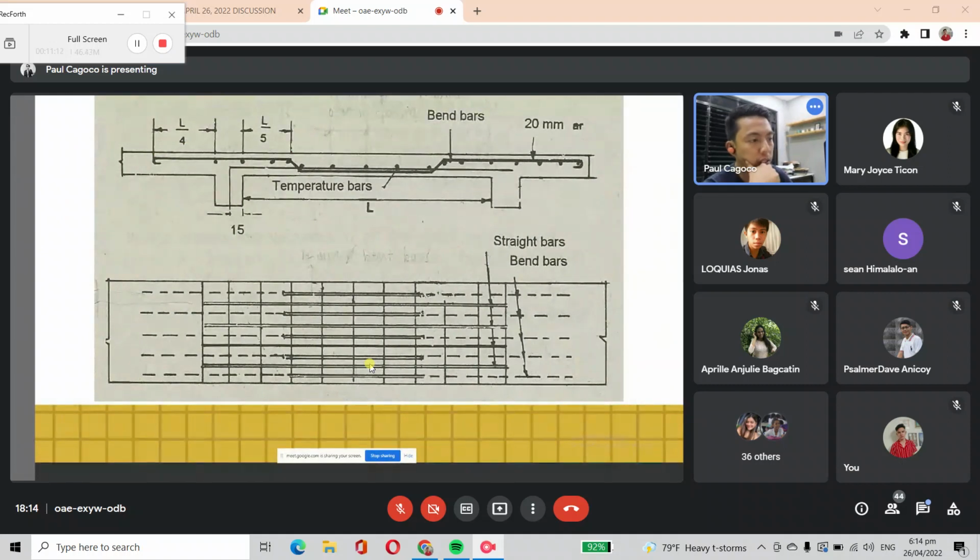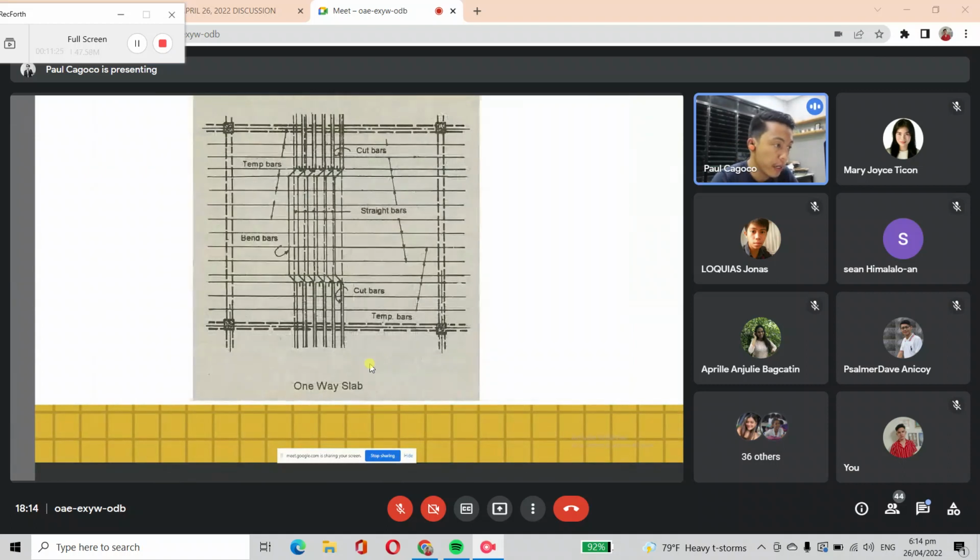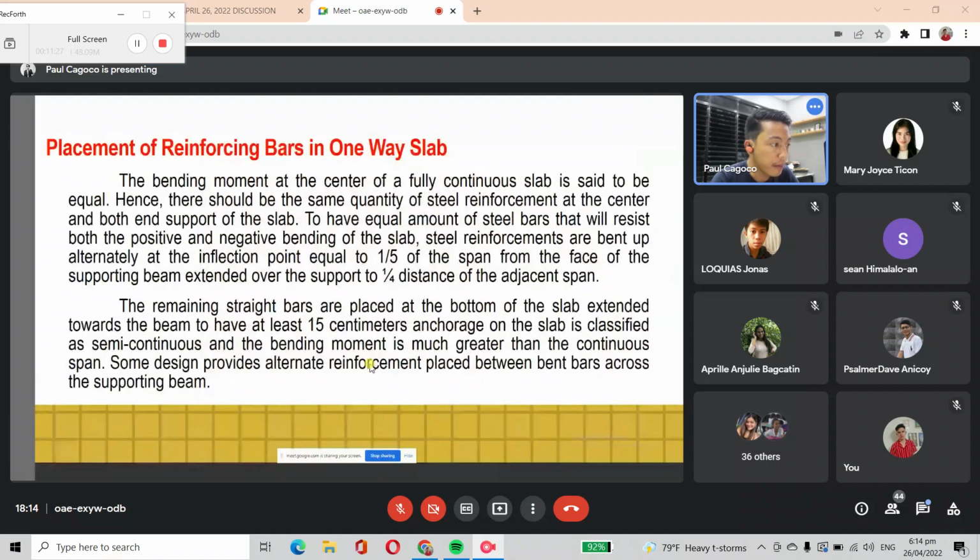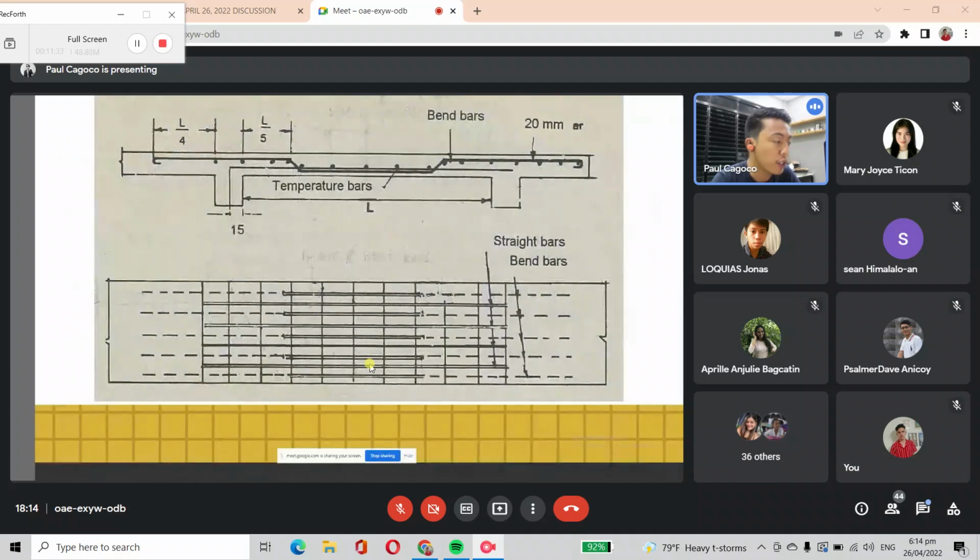So like for example, this one. L is the length of your slab from the face of your beam. As per design, you need to bend up alternately at the inflection point. So asa man imong inflection point? As I have said earlier, ang inflection point nimo is katong point 30, di ba?